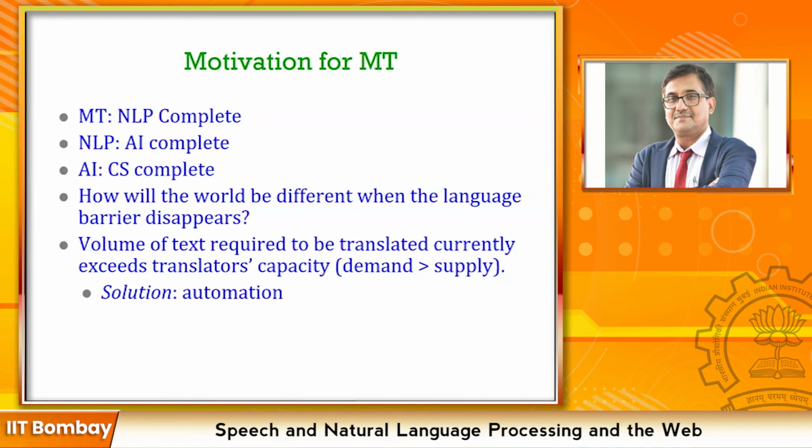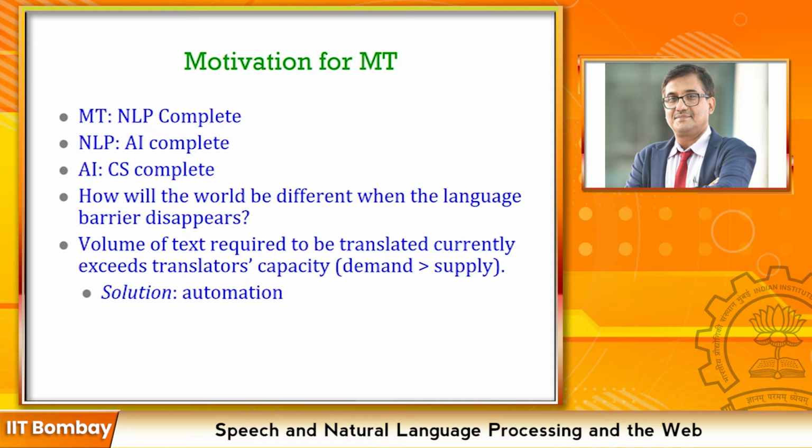MT is called NLP-complete, with some looseness in the terminology. Here the word complete is used in a slightly non-technical sense, like NP-complete problems and NP-hard problems. The word complete is used in that sense to an extent, but not completely rigorously.